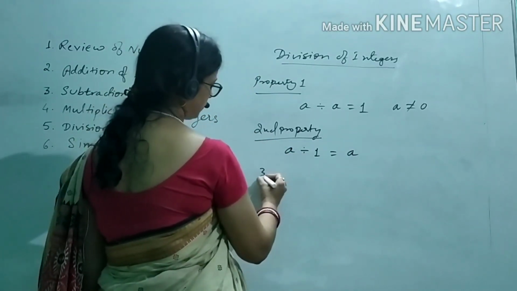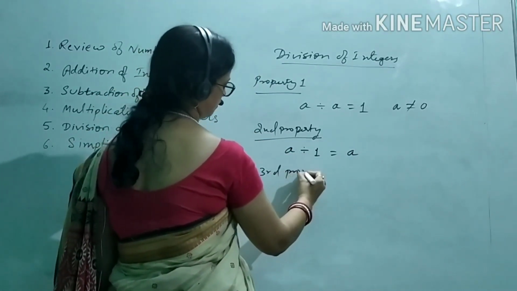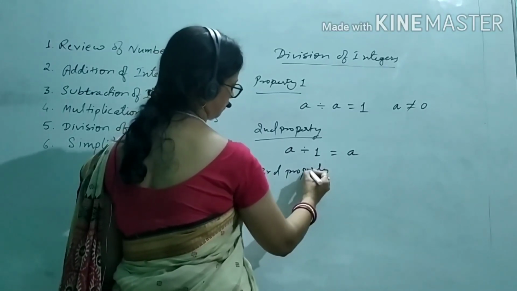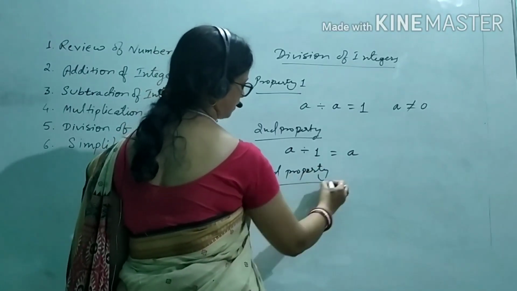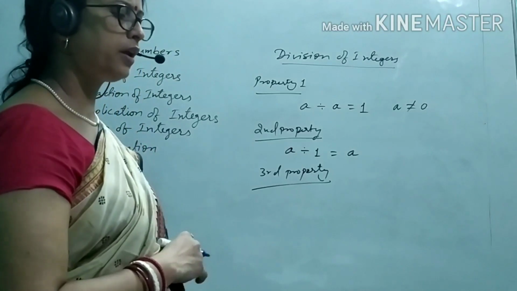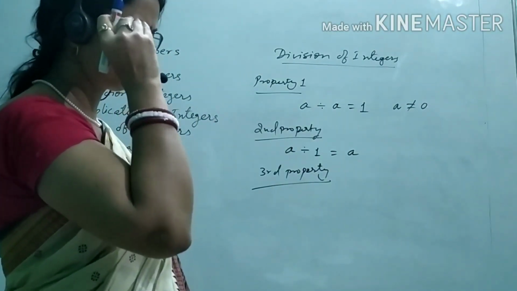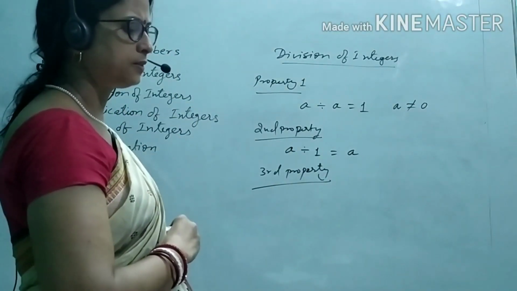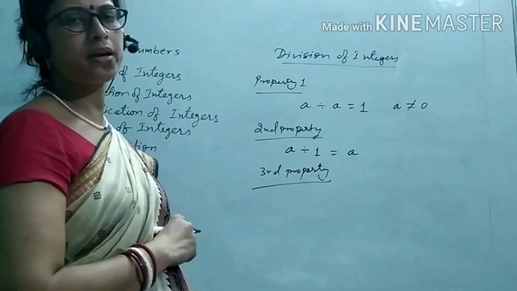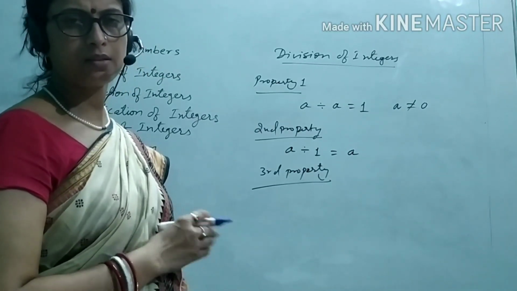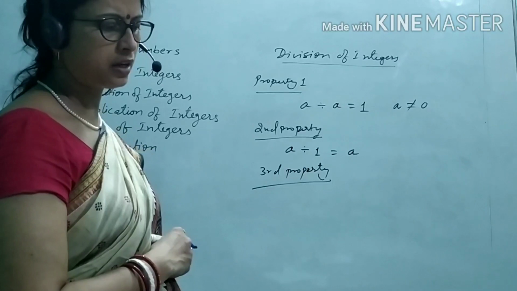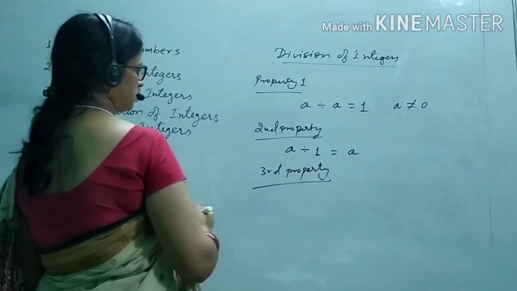Third property. According to this, if a is an integer and it is divided by the negative of itself, then we are going to get -1 as the answer.